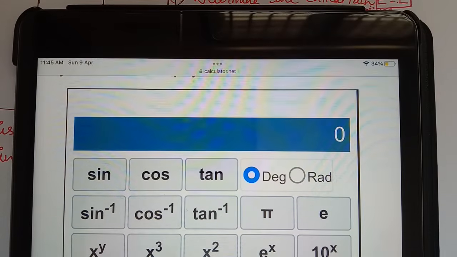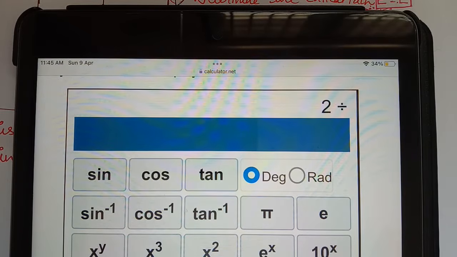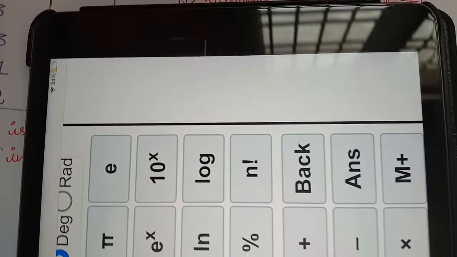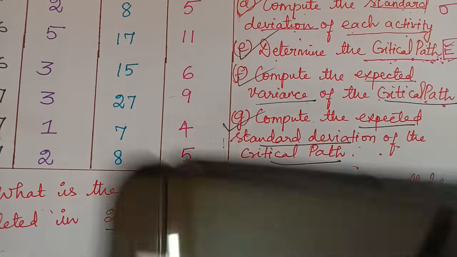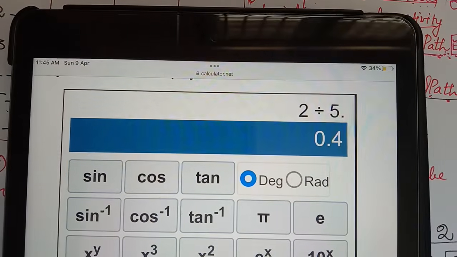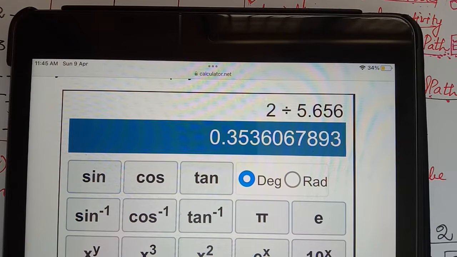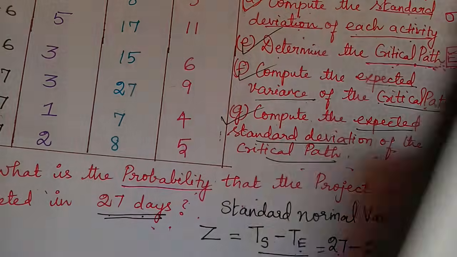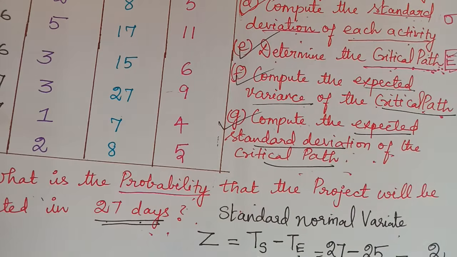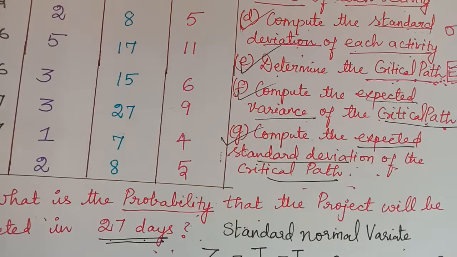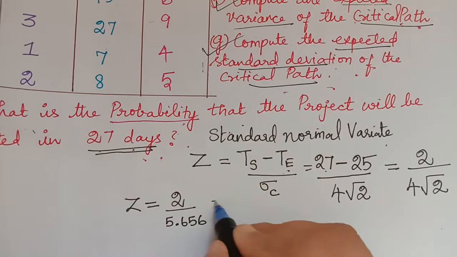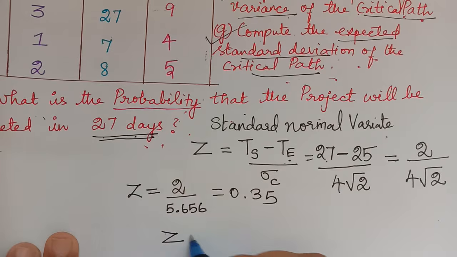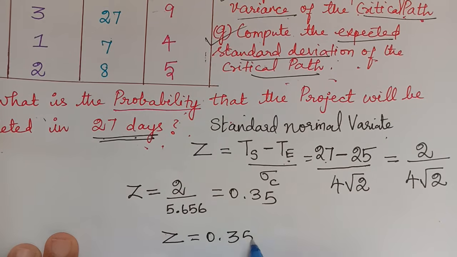So 2 divided by 5.656 equals 0.3536. I can take it as 0.35, just to 2 decimal places. So the value of Z is equal to 0.35.